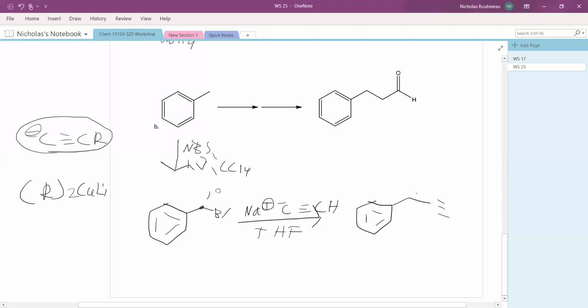And then we get this product with the triple bond here. And how can we get from the triple bond to that product? This is another reaction you guys need to know. Going from an alkyne, a terminal alkyne, to an aldehyde.